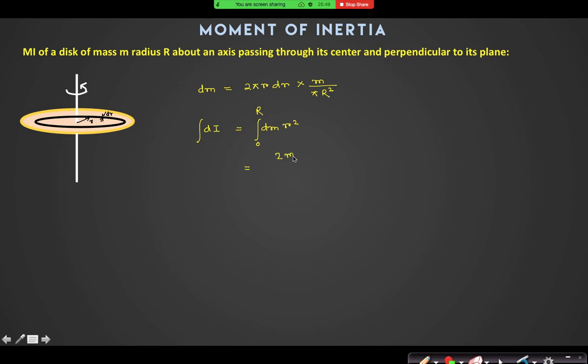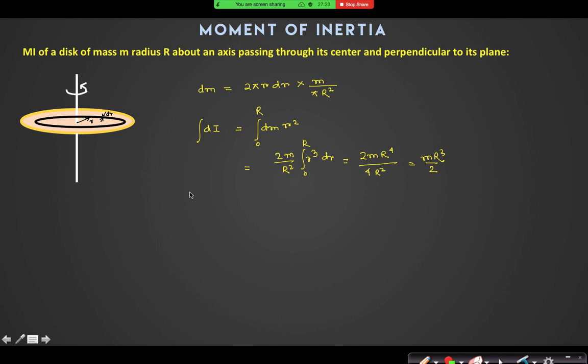So 2m by r square, and r dr into r square, so it is r cube dr. From 0 to r, the integration is r power 4 by 4. So 2m into r power 4 by 4r square, that is nothing but mr square by 2. So the moment of inertia of a disk is mr square by 2 about this axis of rotation.